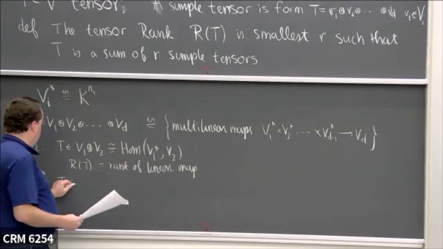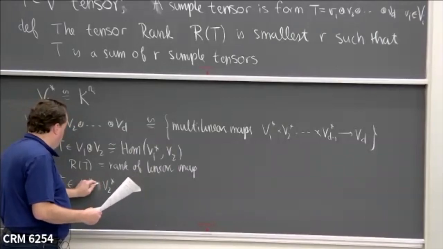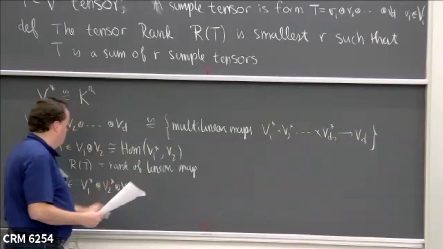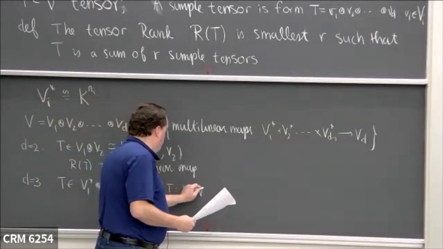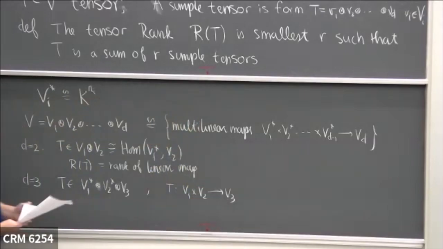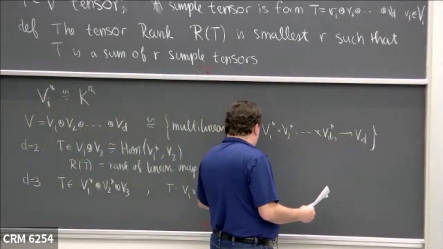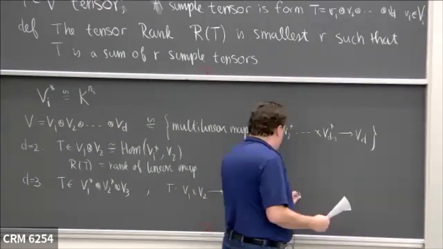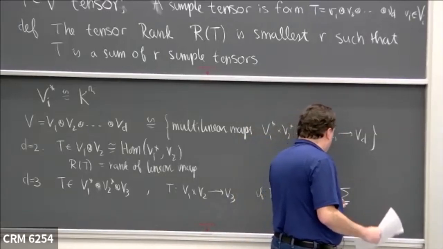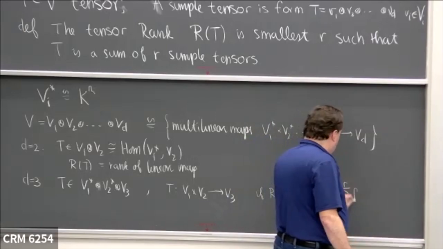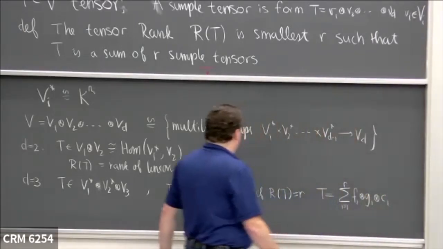if I have T inside this tensor product, then we can think of T as a bilinear map from V_1 plus V_2 to V_3. So if the rank of T is R, that means we can write T as a combination of R simple tensors, maybe written like f_i tensor g_i tensor c_i.